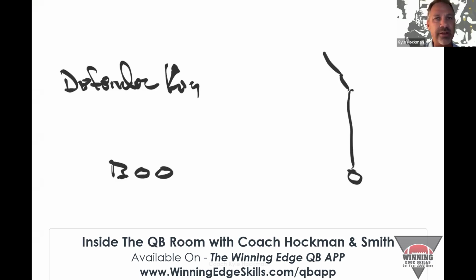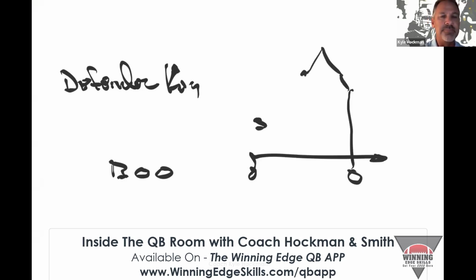The next thing is defender keys. I'm just going to give you a really basic, simple idea. We're going to run a curl flat concept, and we're going to identify who the flat defender is, and we're going to throw opposite of him.